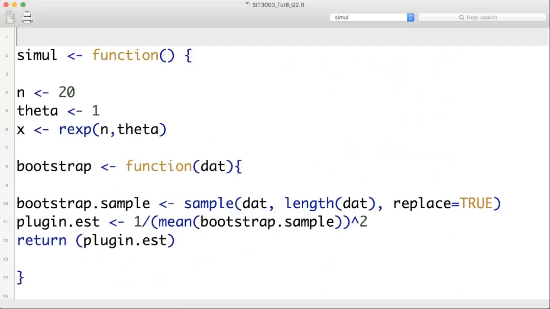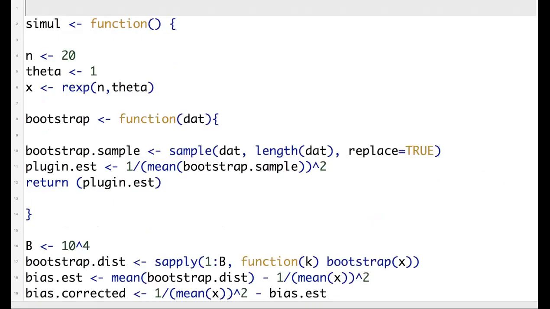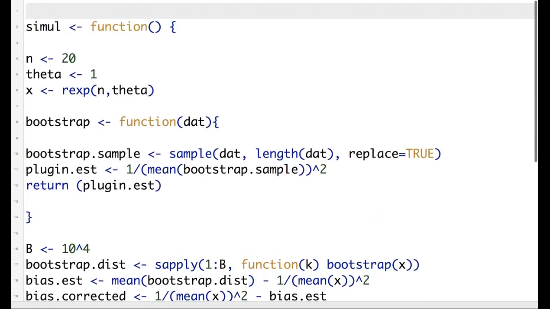Let me just try to find the script. Okay, so this is the R script to perform the simulation.